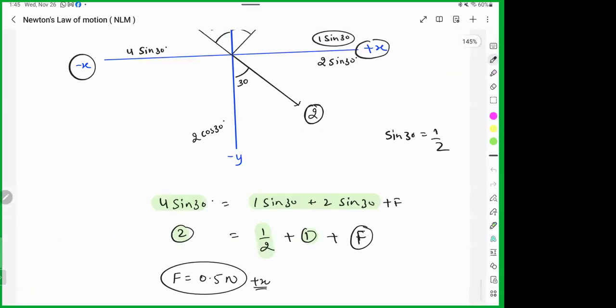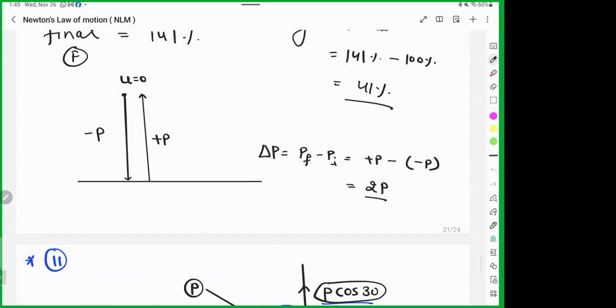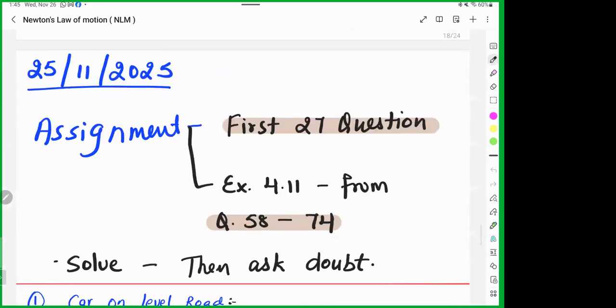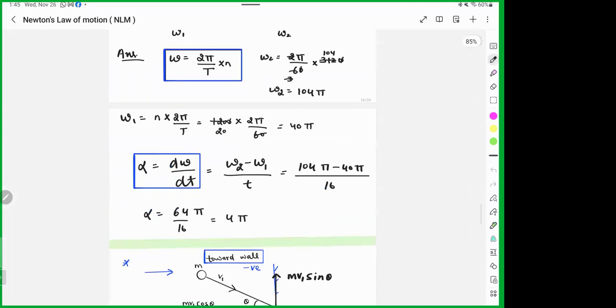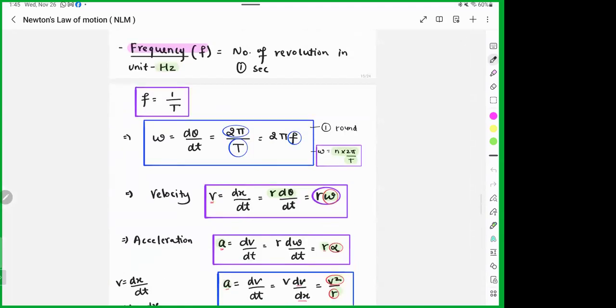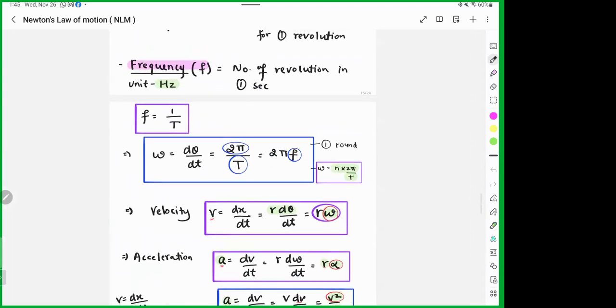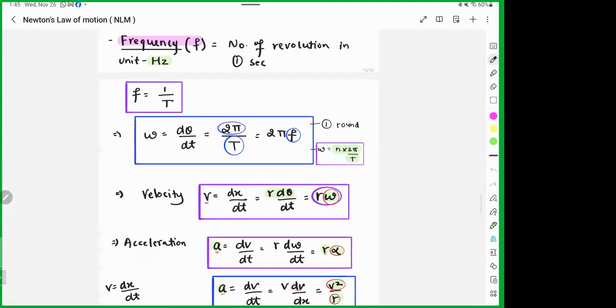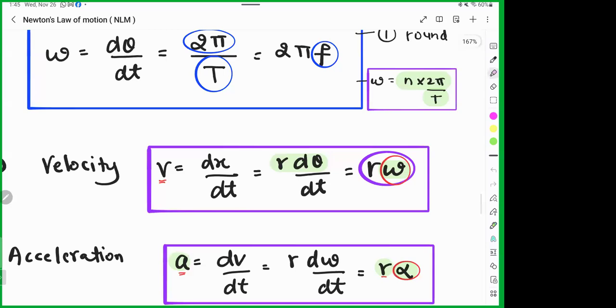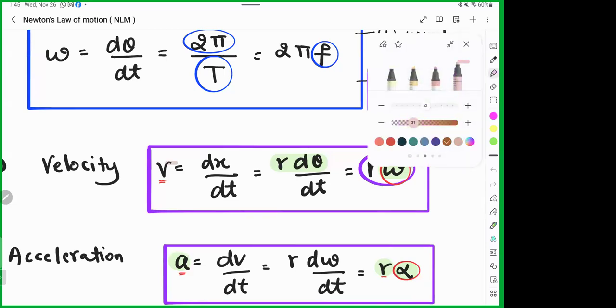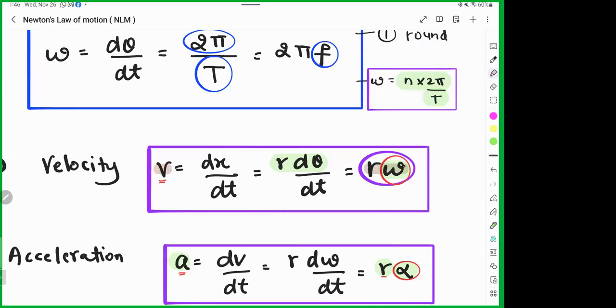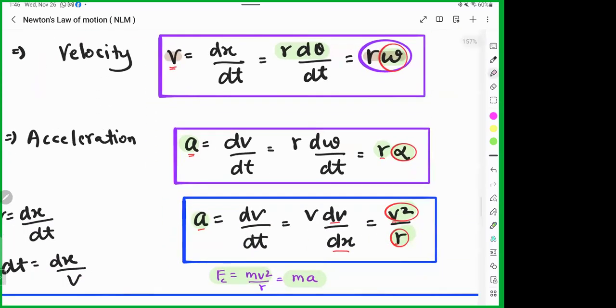We did this in circular motion. V is equal to r omega, correct?